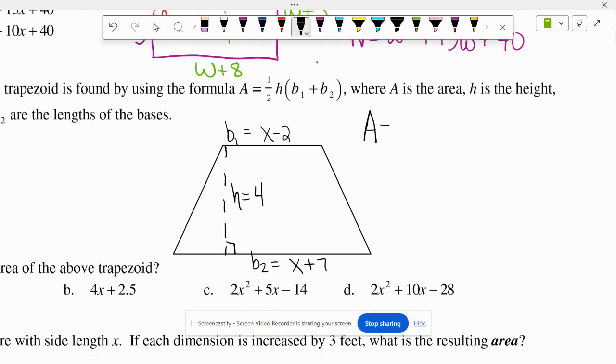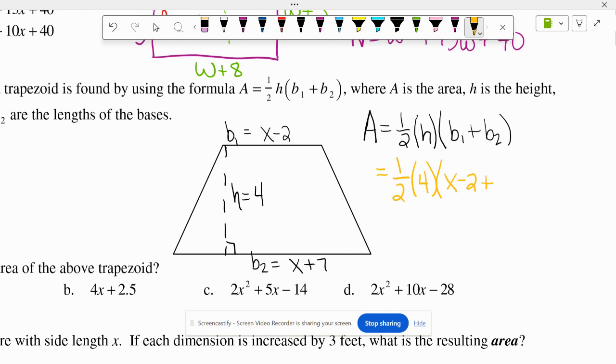The area equals 1/2 times the height times the sum of B1 plus B2. So we're just going to substitute in some values. So I have 1/2 times 4. Jaden, once I plug all these in, I'm going to come to you, okay? B1 is x minus 2 plus B2, which is x plus 7.